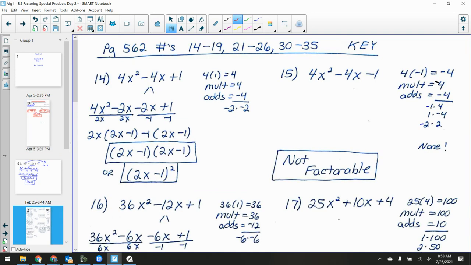Okay, take out your homework. I've got the key up on the board here. We're going to go through. If you've got any questions, if you want to go over any, by all means, ask. But I've got the key up on the board. There's 14 and 15.